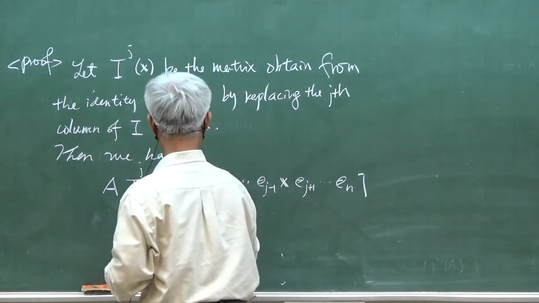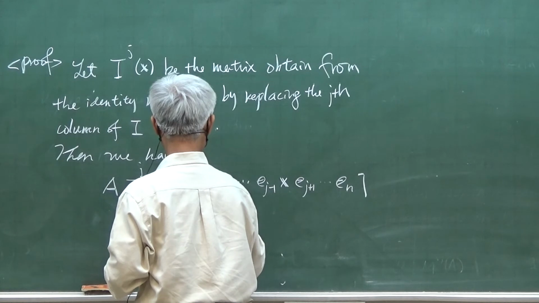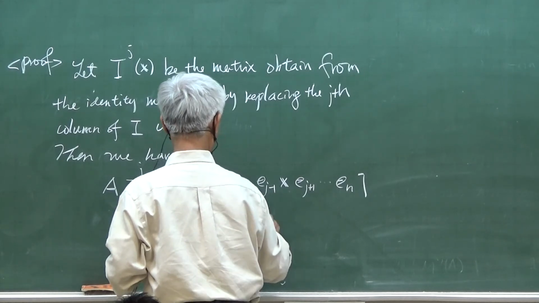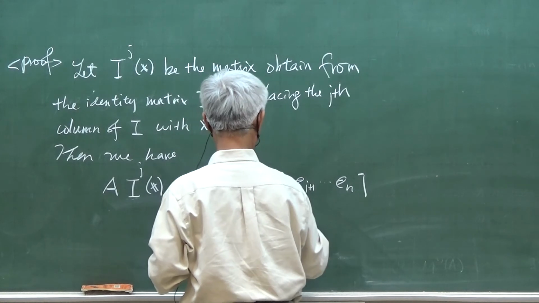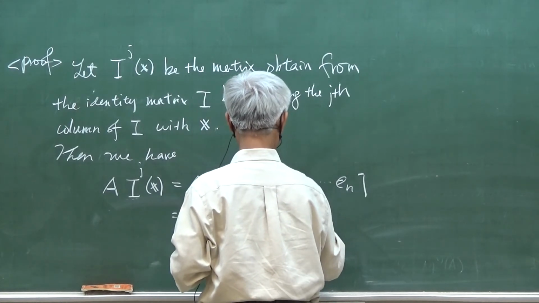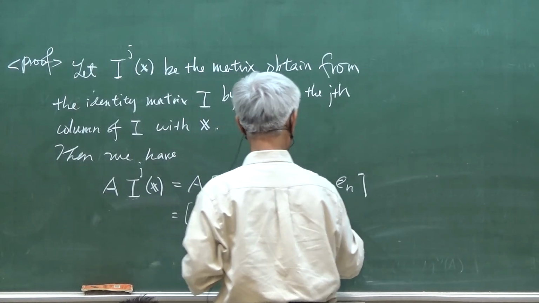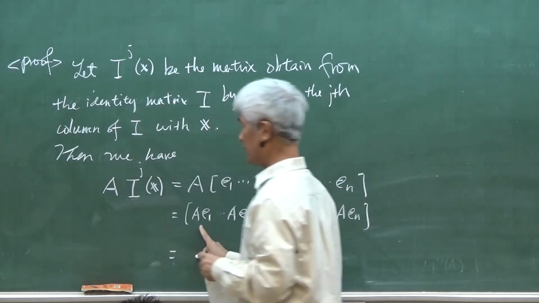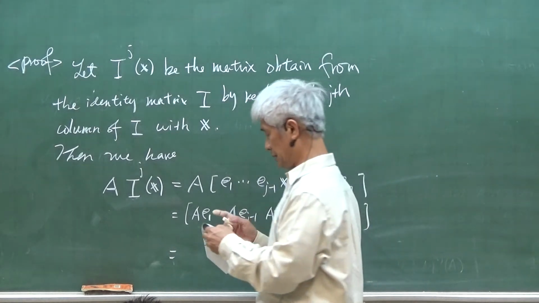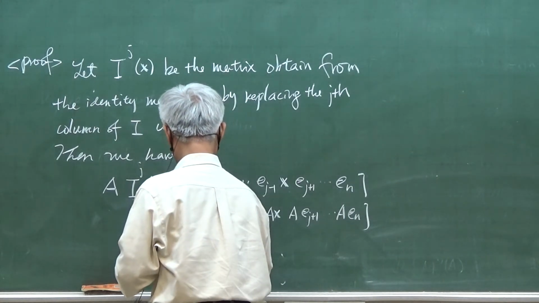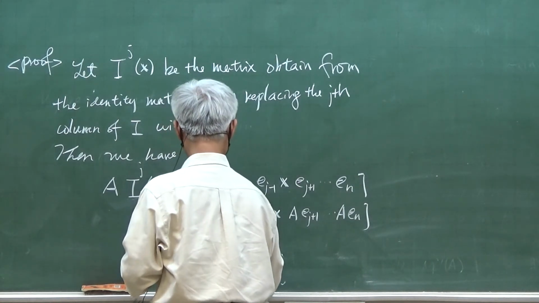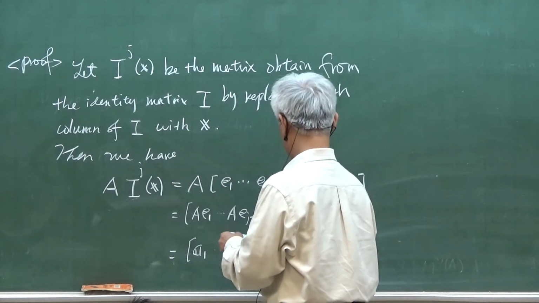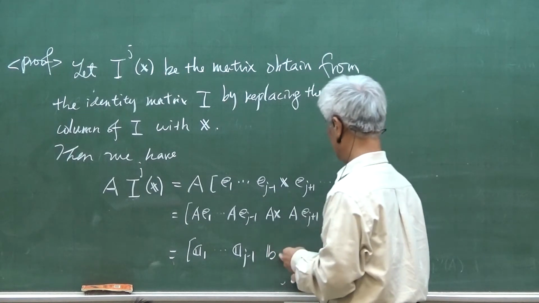So this is [A e1, ..., A e_{j-1}, A x, A e_{j+1}, ..., A en]. But what is that? A e1 is just the first column, this is the (j-1)th column, and A x is b.